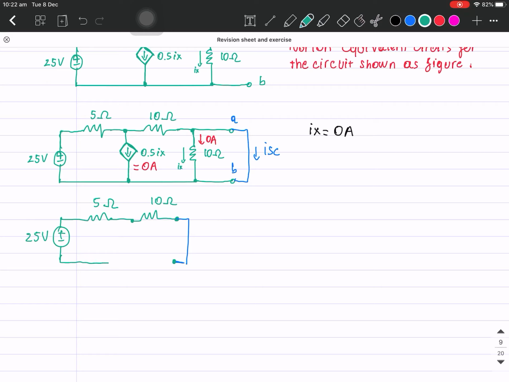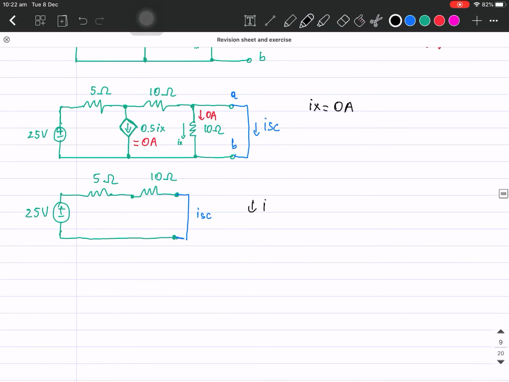All right. Good. So the short circuit current is going to equal, by Ohm's law, voltage divided by resistance. And the resistance right here is 10 plus 5, which is 15. And that's gonna give me 5/3 amp.